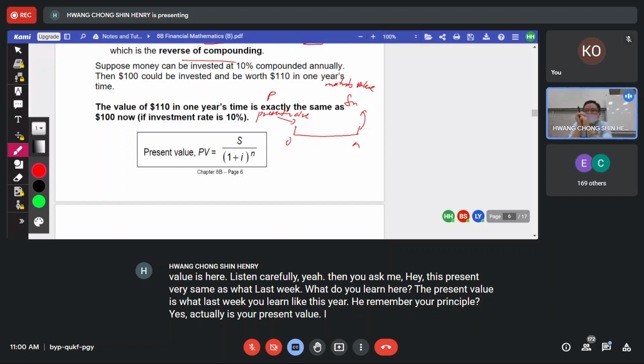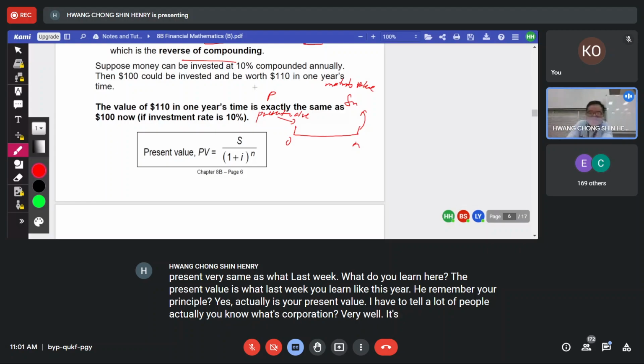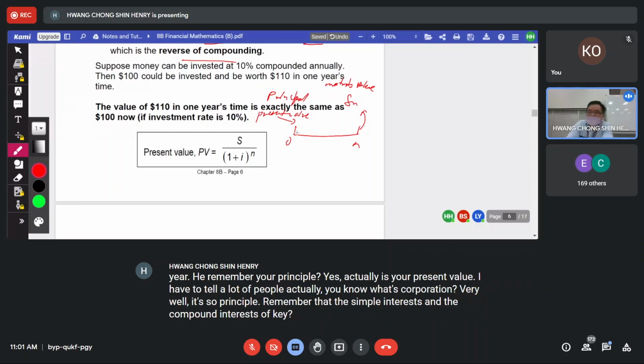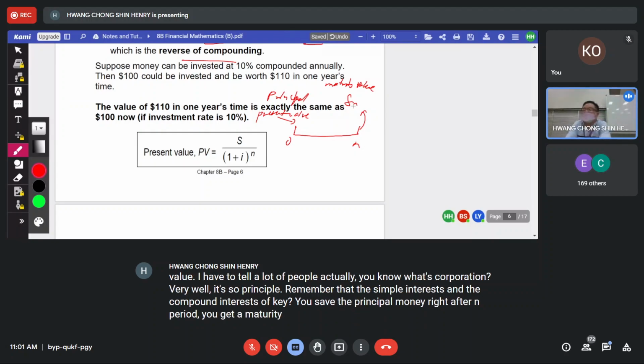I have to tell a lot of people, you know what's called present value? It's your principal. Remember the simple interest and the compound interest, your P? You save the principal money, right? After n period, you get your maturity value, or we call it accrued amount, remember?